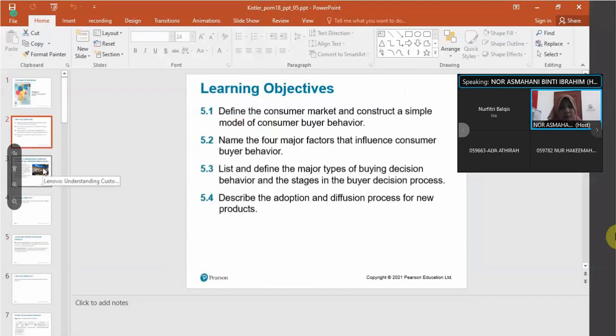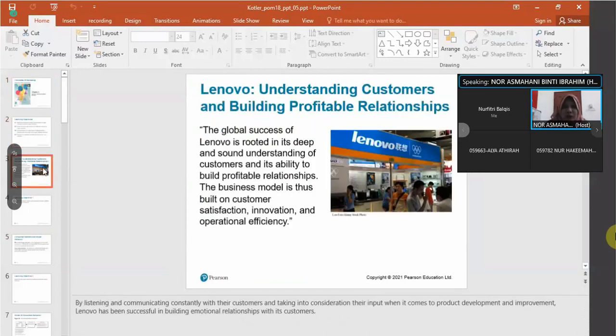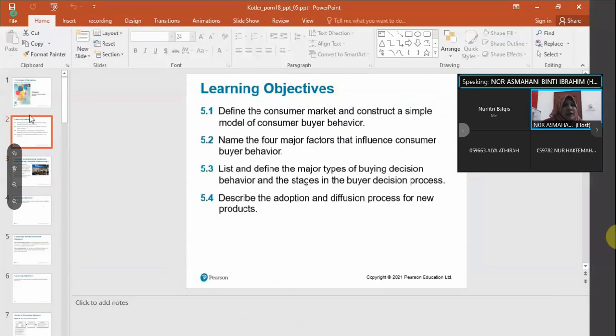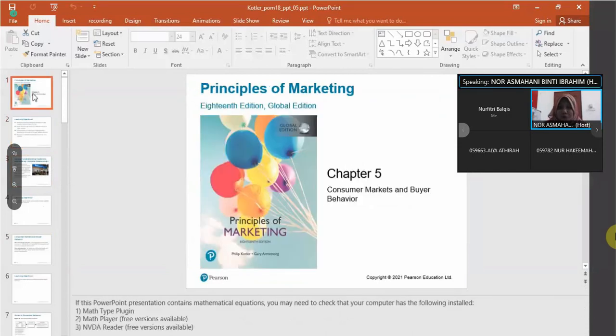As a marketer, before we understand our consumer, we need to know who our customer is.